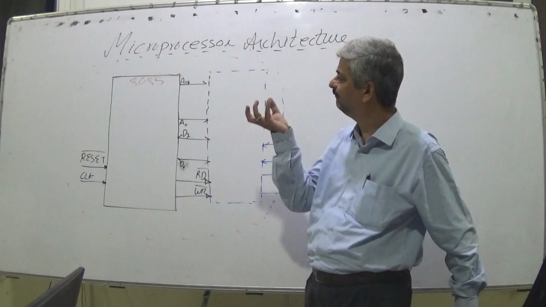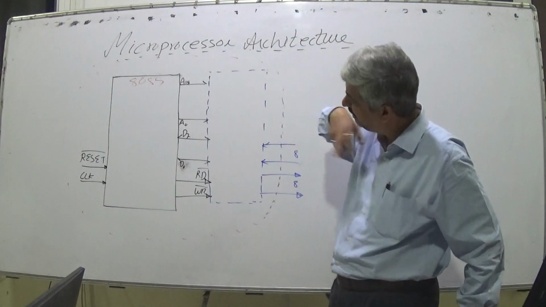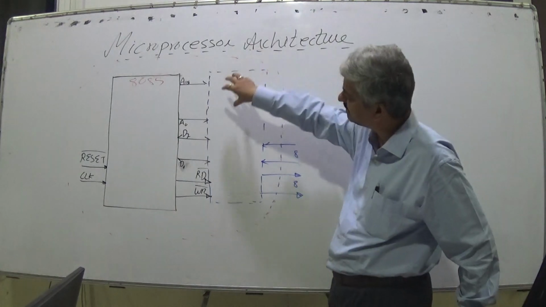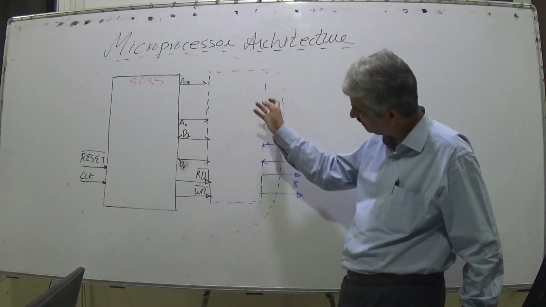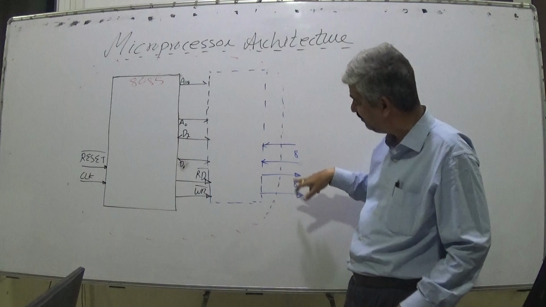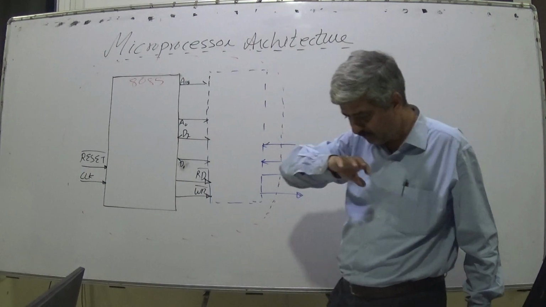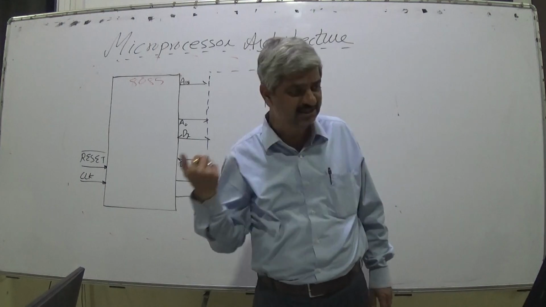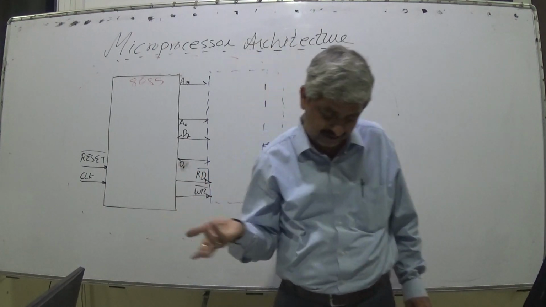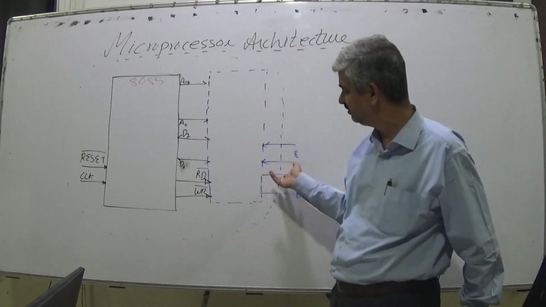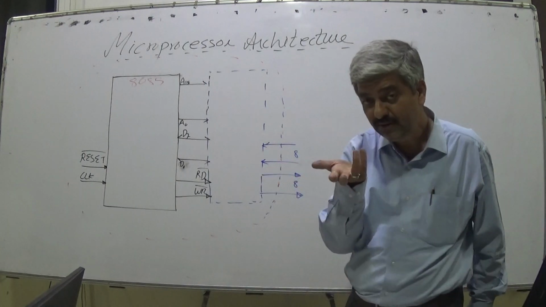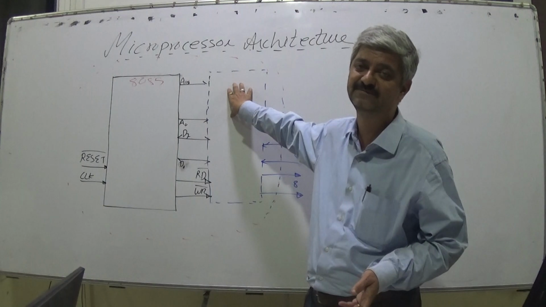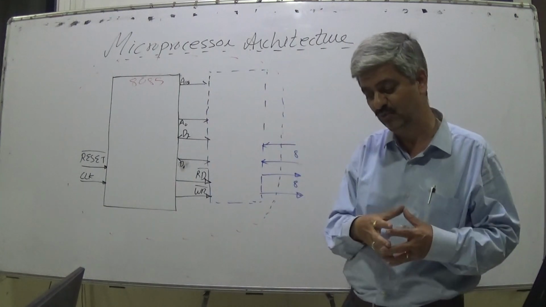So for me, with this entire system, when a different program is put, the way in which the microprocessor takes inputs, treats them and generates outputs changes when the program changes, right?